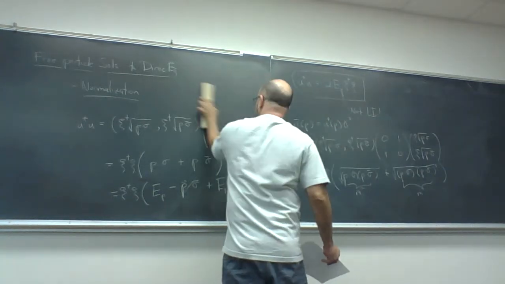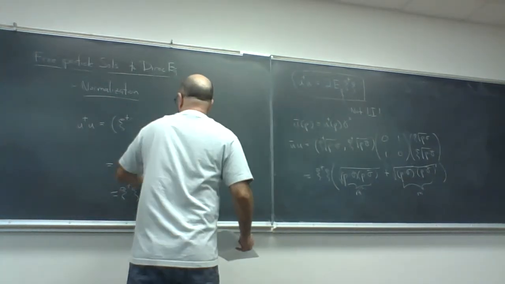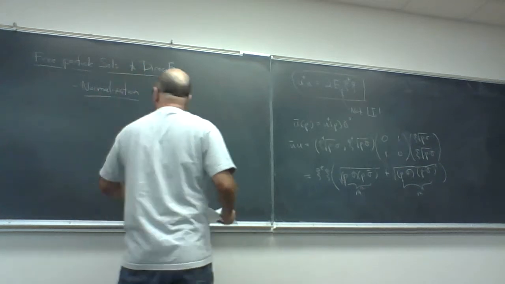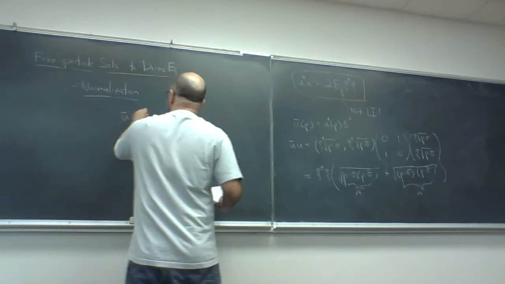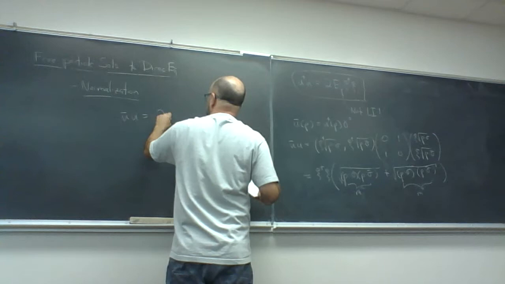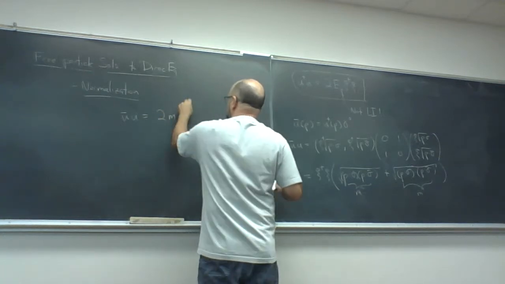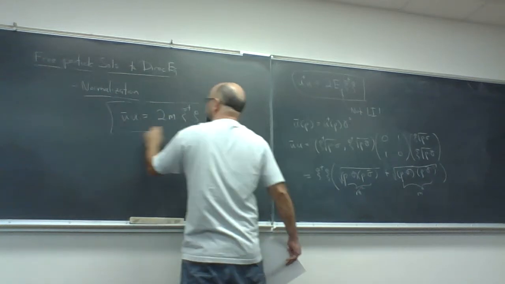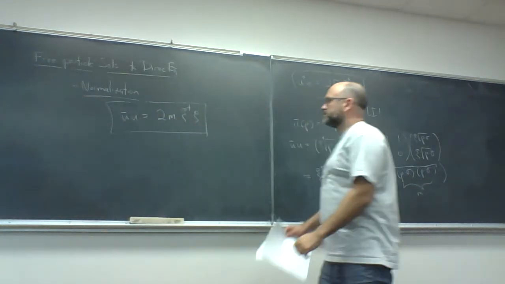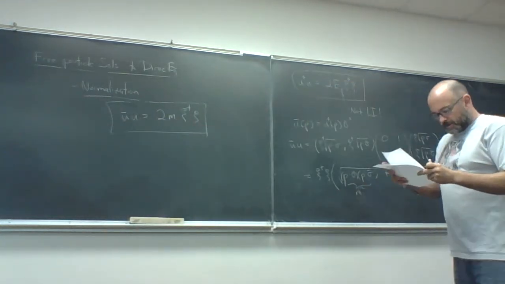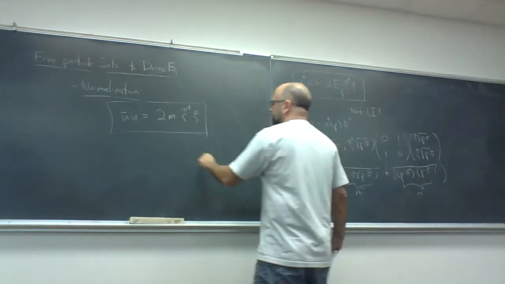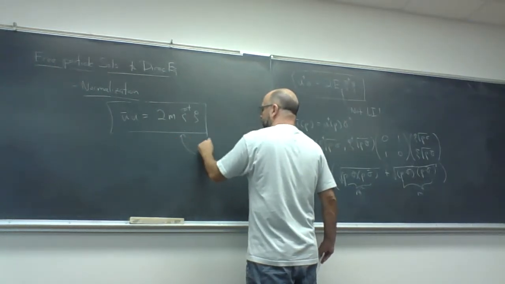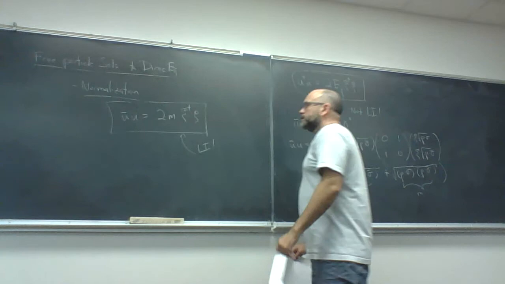And so I end up finding that my normalization condition here is u bar u is 2 times m c dagger c. Because the mass is just a scalar, it doesn't depend on the momentum, this thing is Lorentz invariant.